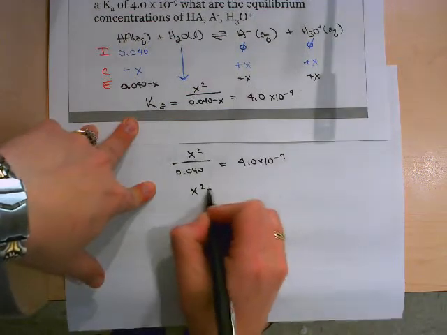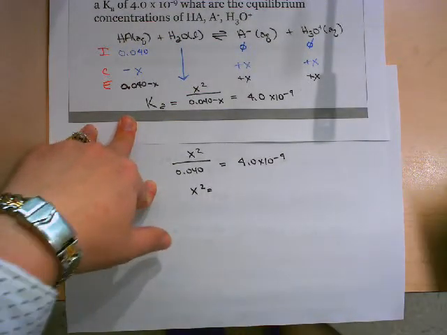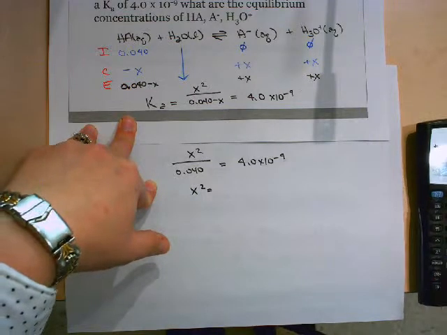So I'd have x squared equals, what's that, 1.6.